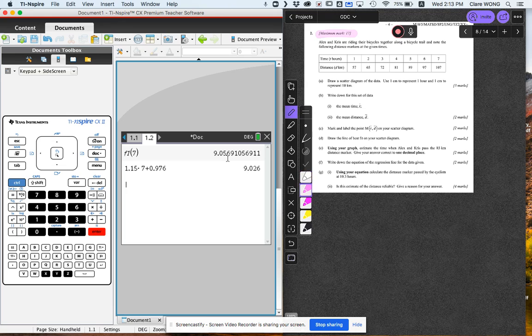Pay attention to the instruction. It says, use 1 centimeter to represent 1 hour and 1 centimeter to represent 10 kilometers. Following this instruction will give you marks. Okay, so make sure you follow these. Next, it says write down for this data. Write down. This is a clue for you to use the GDC.